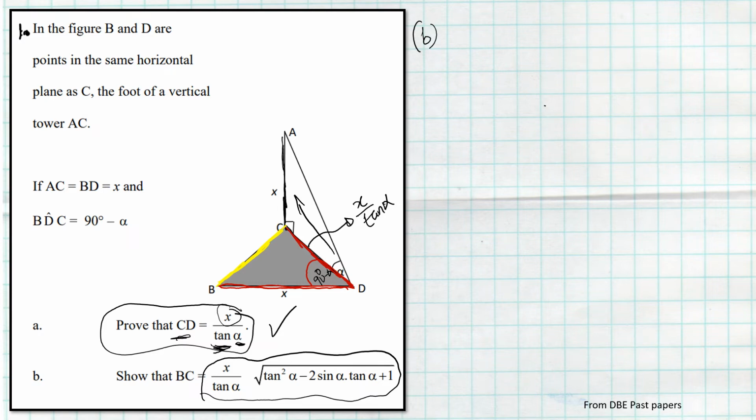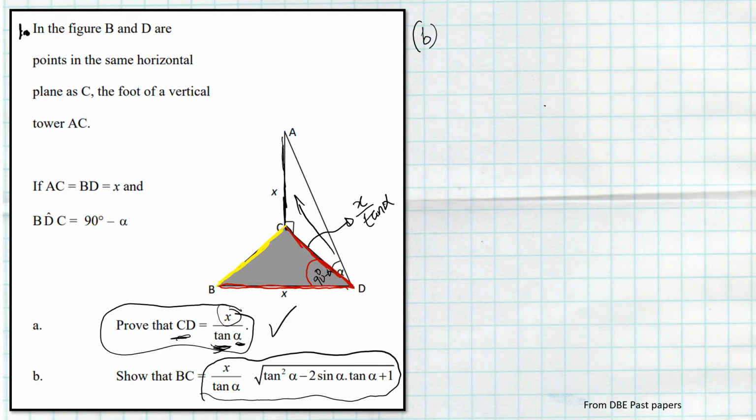What rule can we use to calculate the length? The cosine rule. Why can't we use the sine rule? It is because the sine rule is used when we have two sides and an angle that is not included. But in this case, the angle is included and we have two sides. So we have to use the cosine rule. Can you see? So that is why.